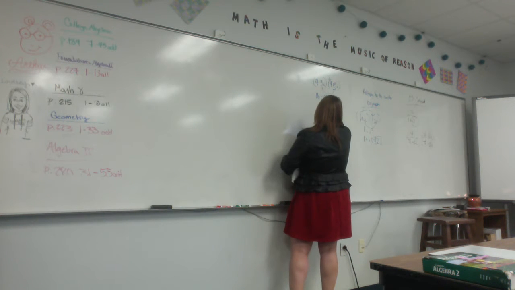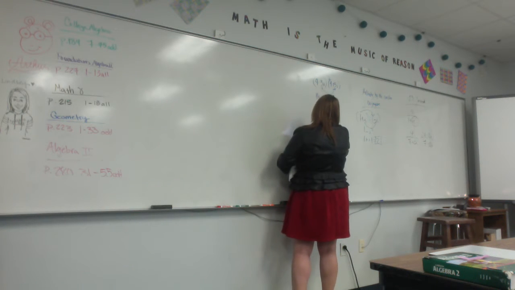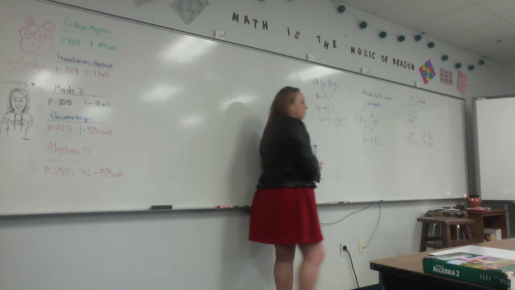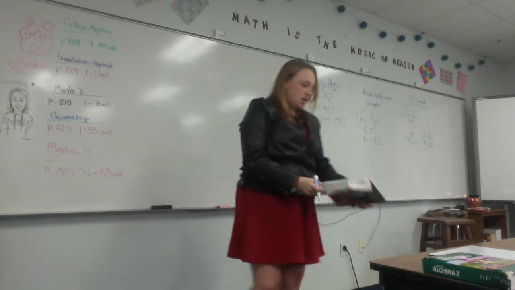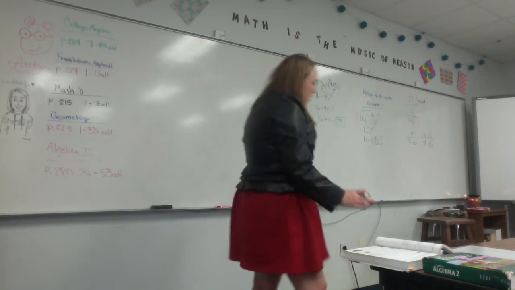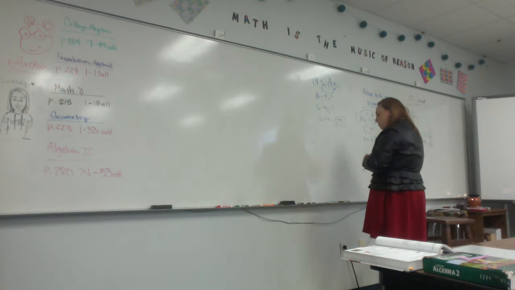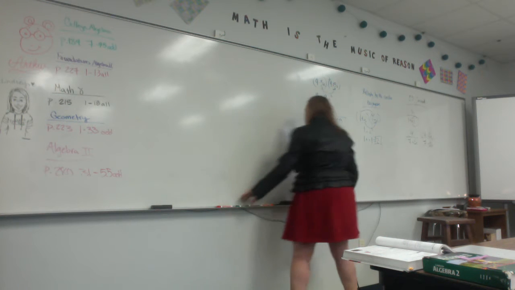Negative 9i squared. What's i squared? So I have 16 plus 9, which is 25. Okay? The complex conjugate then allows us to solve for fractions.